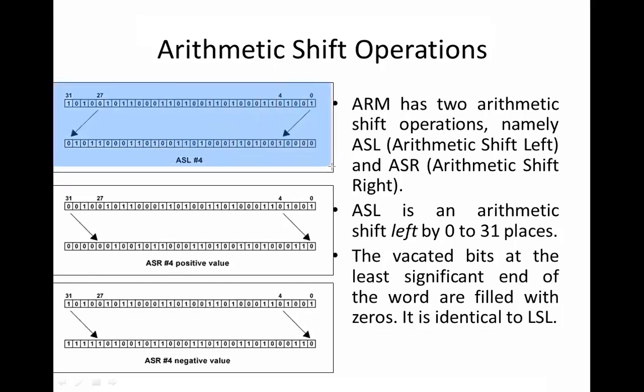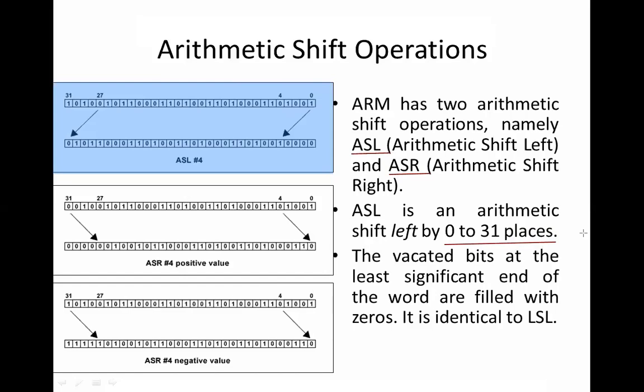Let us take it one by one, and see how this arithmetic shift left operation happens. ARM has two arithmetic shift operations, namely arithmetic shift left and arithmetic shift right. These are the two most important shifts: shift right, shift left. Arithmetic shift left is a shift from 0 to 31, so again you have the option of moving the bits from 0 to 31, based on the hash number that I'm giving.